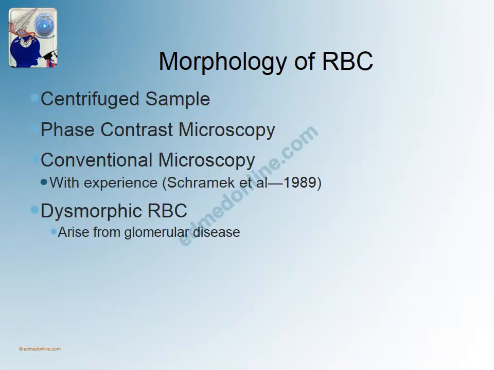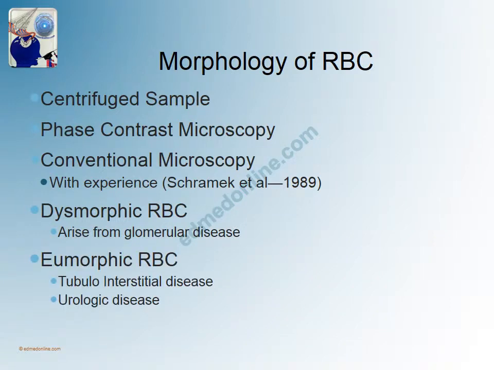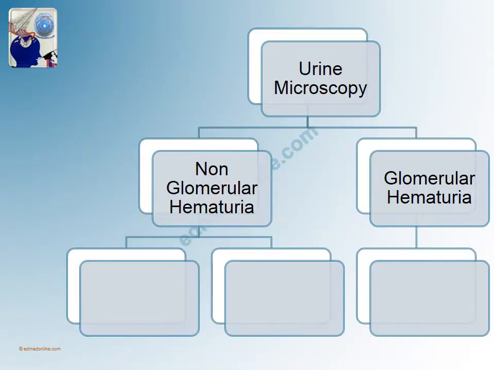If there is presence of dysmorphic RBCs, it indicates that the hematuria is from a glomerular cause, and if it is a proper eumorphic RBC, that is a circular RBC, then it is either a urological disease or a tubular interstitial disease. So whenever there is hematuria which is picked up on urine microscopic evaluation, we need to distinguish glomerular causes from non-glomerular causes.